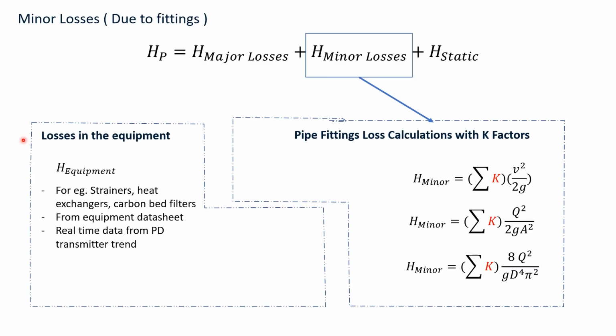So if we have any equipment in our piping system, we can add it to the equation. For example, if we have strainers, heat exchangers, or carbon bed filters, we need to add the pressure drop in the equation. We can find the pressure drop of this equipment from the equipment data sheets or by using real-time data if we have the pressure differential transmitter trend.